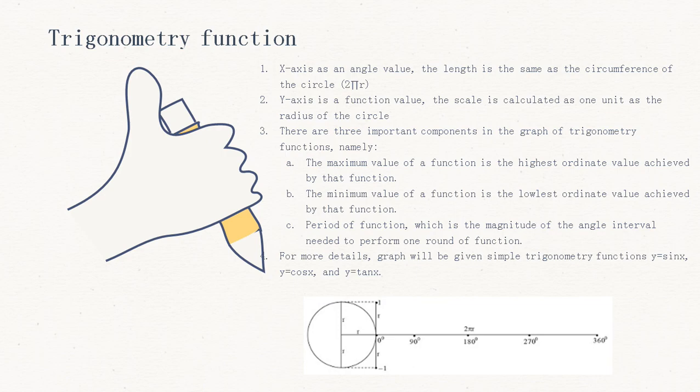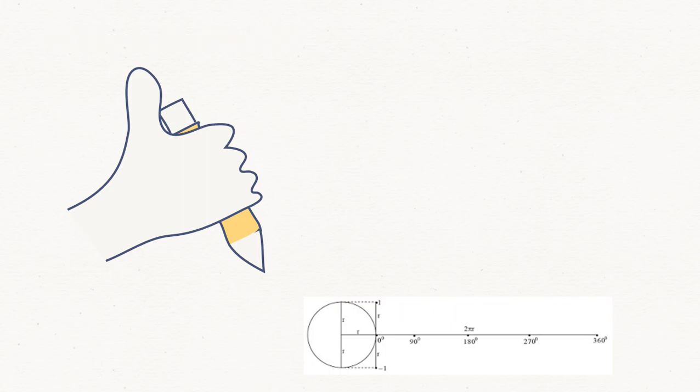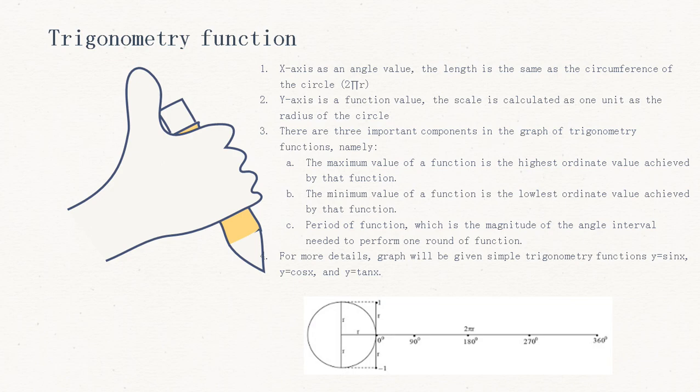And there are 3 important components in the graph of a trigonometry function, namely the maximum value of a function, which is the highest ordinate value achieved by that function.